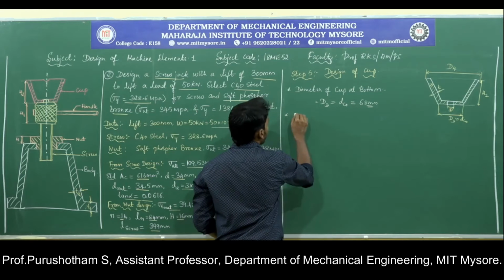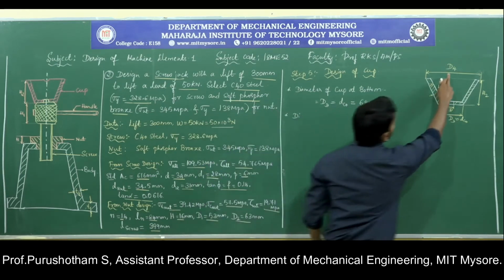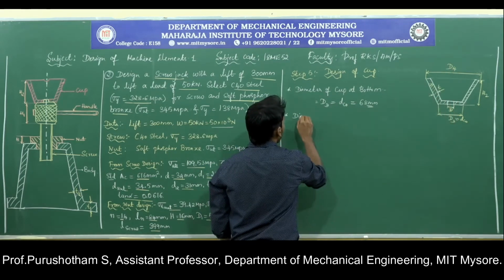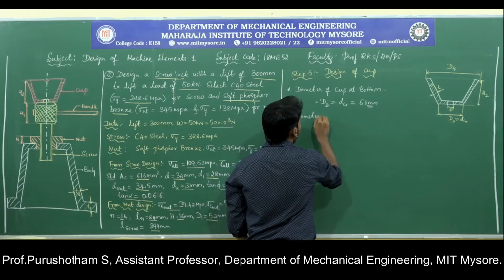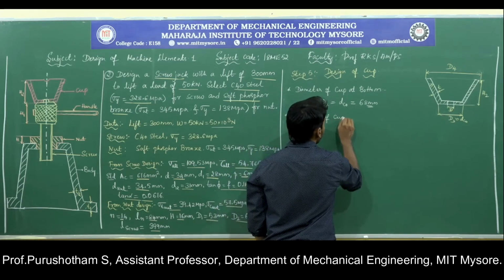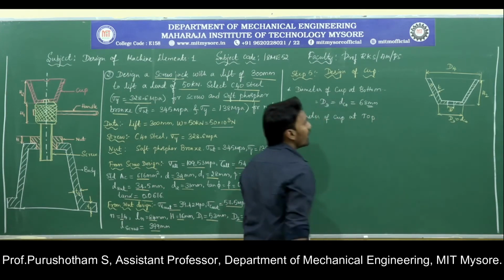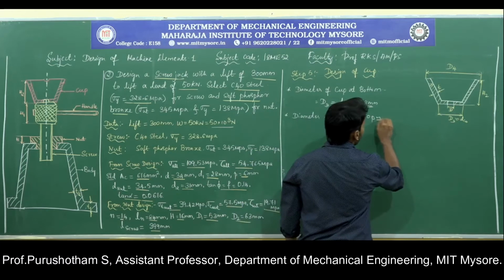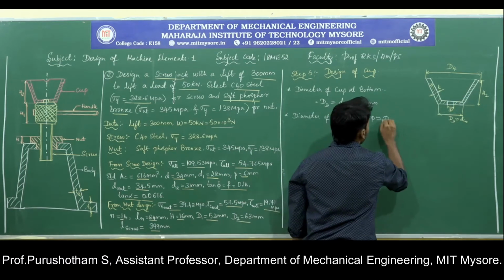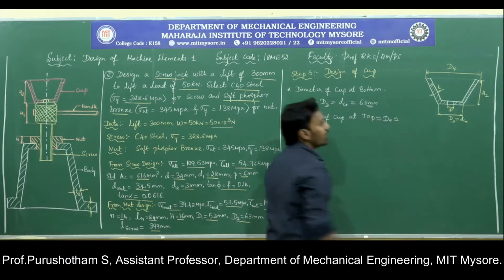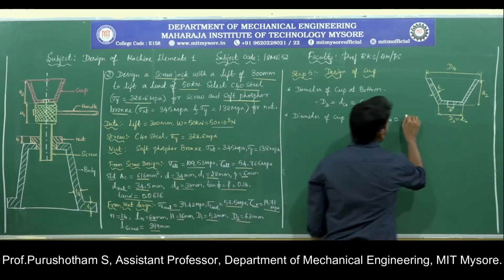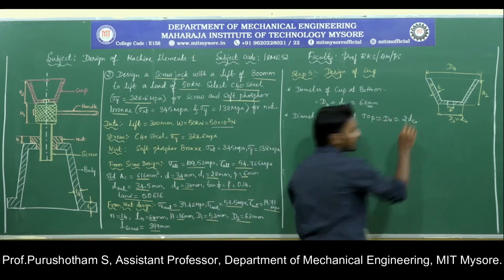Next, D4, that is the diameter of cup at top, which is approximately equal to 2 times DC naught.